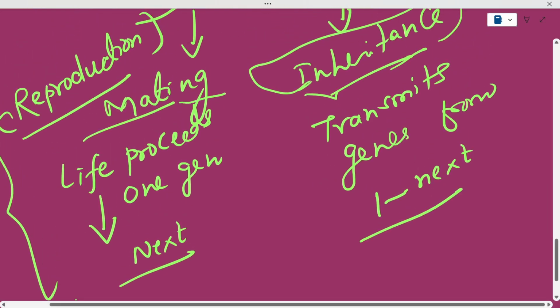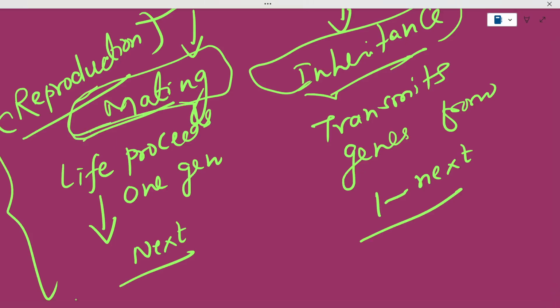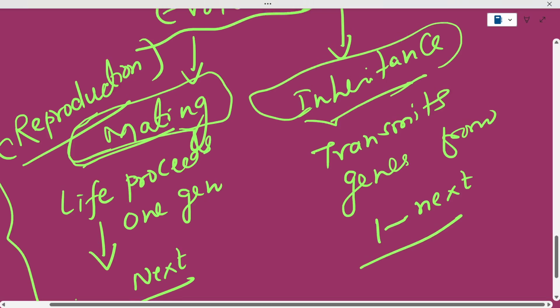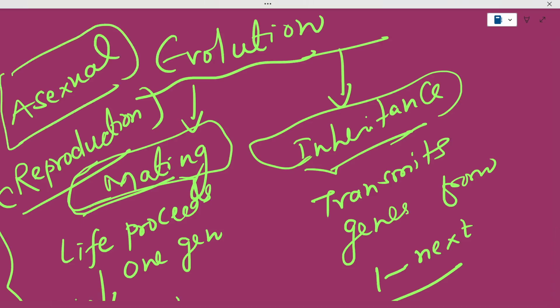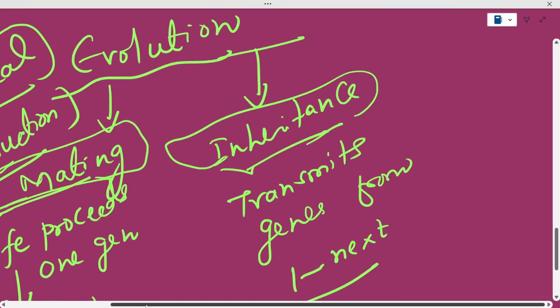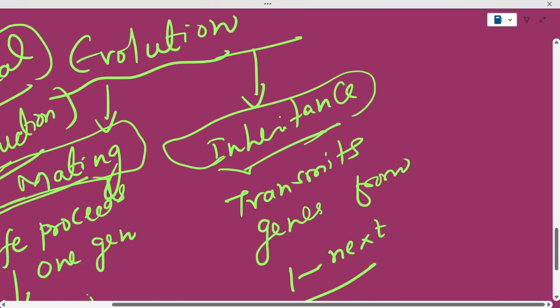First, mating is just the procedure, just the mechanism, and it can vary because if you look at plant kingdom, there are many plant species that reproduce via asexual reproduction, whereas most of the species of animal kingdom mate via sexual reproduction.